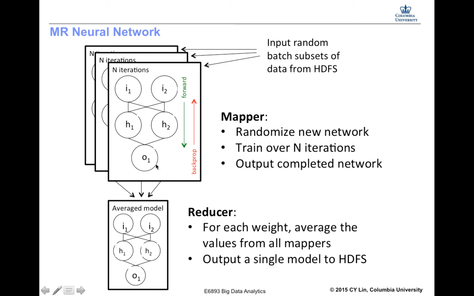Now, after they get trained, the complete network, consisting of all the weights and their position within the network, is output to the reducer. And so for our final model, we decided not to average it. We decided to basically evaluate each of these models on some data and then output the model that had the best training error.